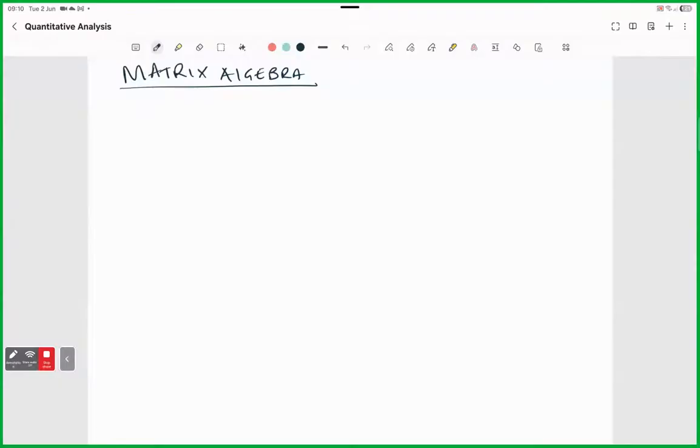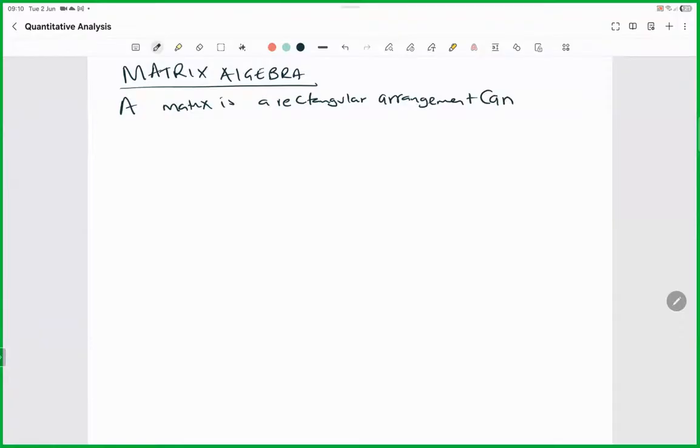A matrix is a rectangular arrangement, or what some examiners call an array, of numbers arranged in rows and columns.